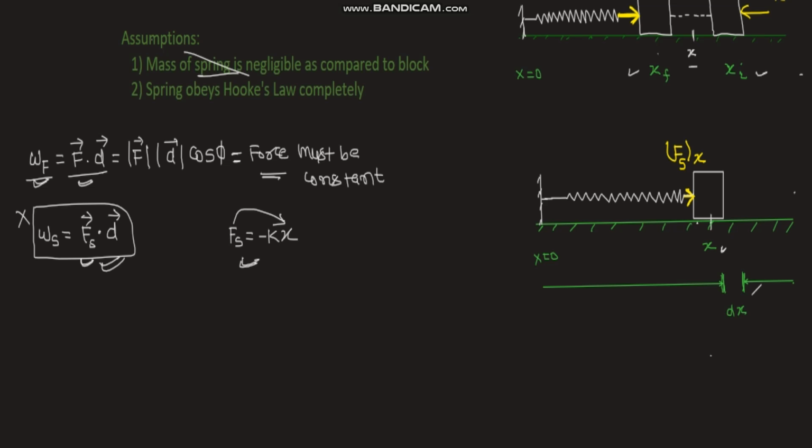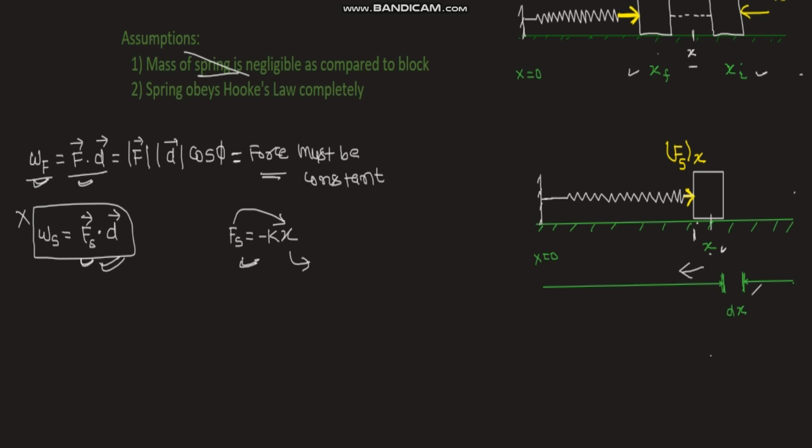Let's consider the motion of the block when this block changes its position from x to x minus dx. It is moving towards left. That's why we are considering the motion of this block in the leftward direction. And let's analyze the motion when this block moves from x to x minus dx. As we know that dx is a very small quantity, that is, it is an infinitesimally small quantity.